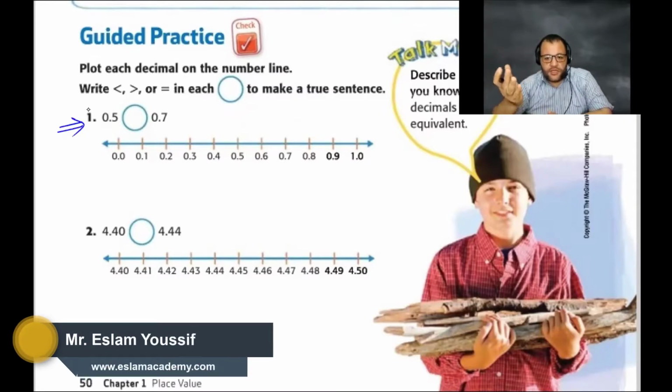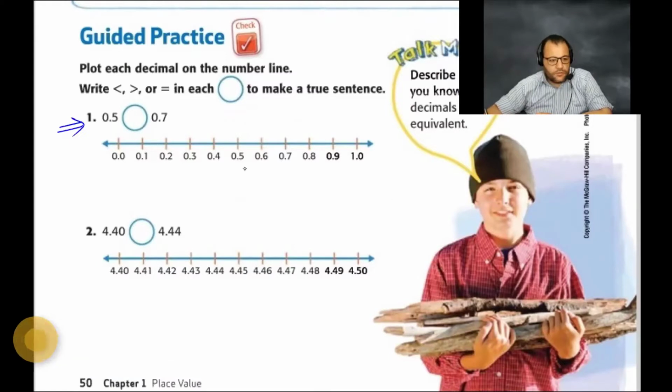You didn't give me the answer. Please, can you read it as I told you? Take just 30 seconds and say 0.5, then put the relation, 0.7. Can you repeat it, please?